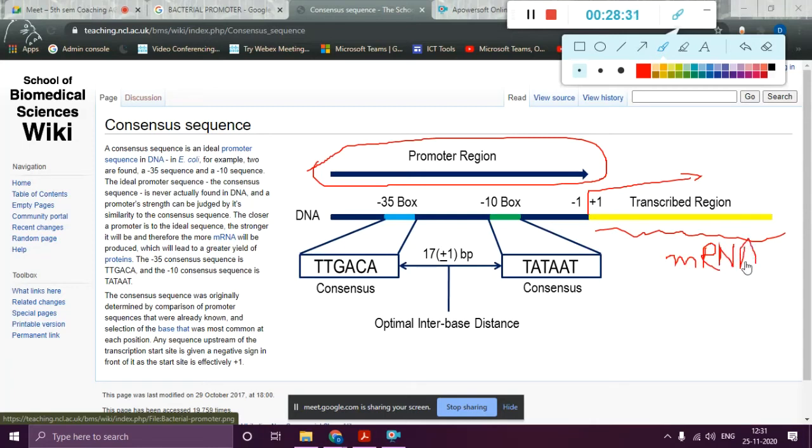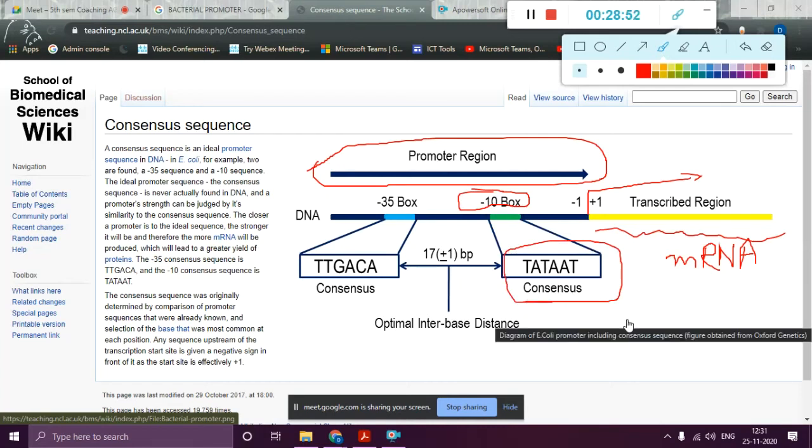This region is transcribed into the messenger RNA. So this is the -1 region. There is no 0. So at the -10 region is the place known as the -10 box. That is also known as the Tata box or the Tata consensus at the -10 region.